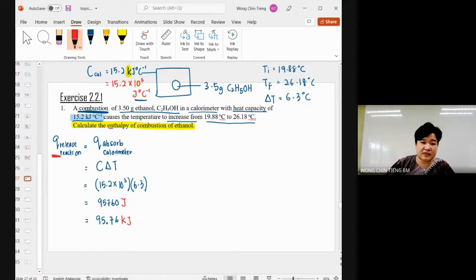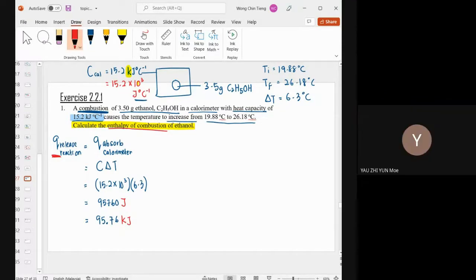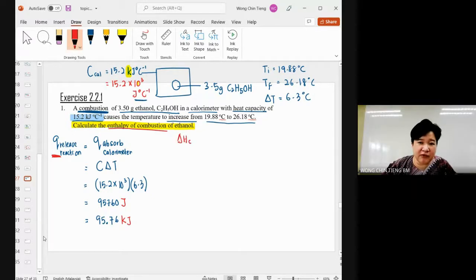Heat released when 1 mole of substance is burned completely.